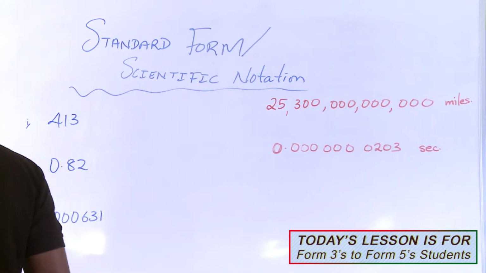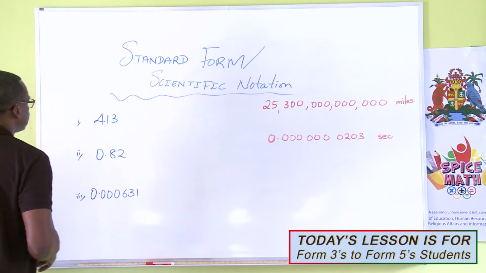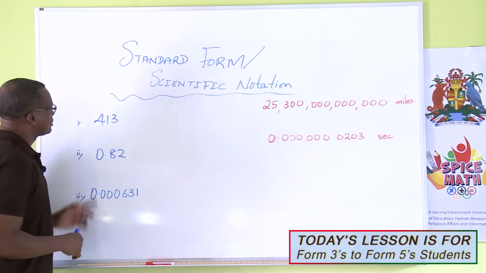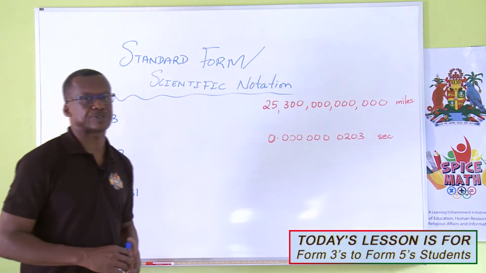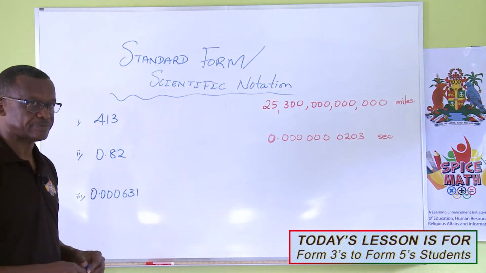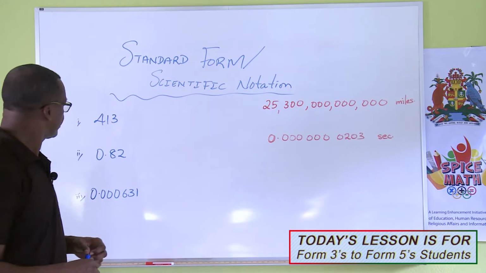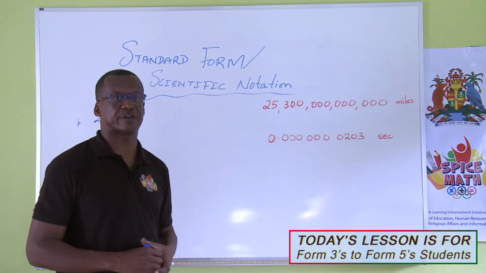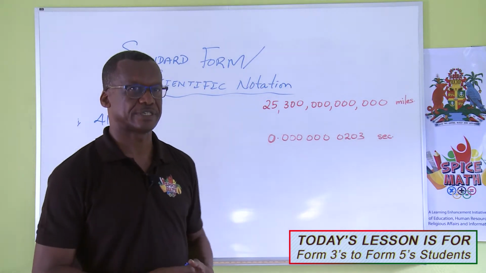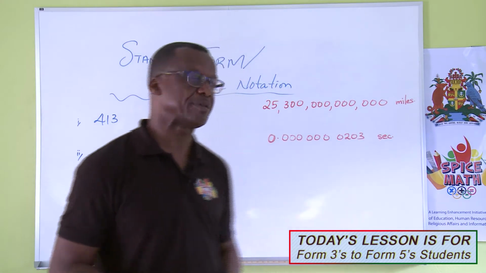On the board, I have some numbers: 413, 0.82, and 0.00631. Those numbers are decimal numbers, and we're going to use the idea of expanding numbers to see what they really mean.